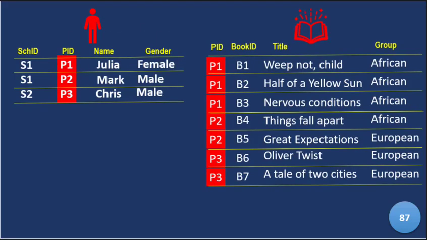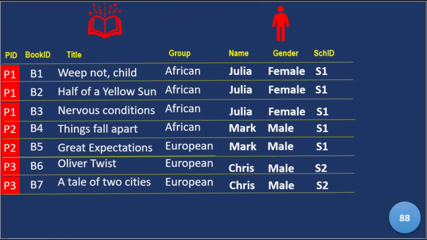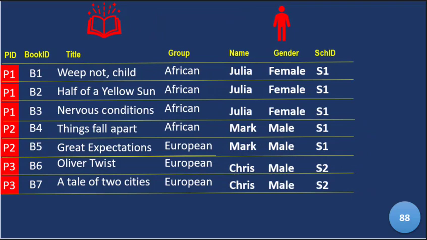This was the name of the student, and these are the books. If you merge that together, books can inherit readers, can inherit schools, and the gender of Julia can inherit the kind of book she reads.